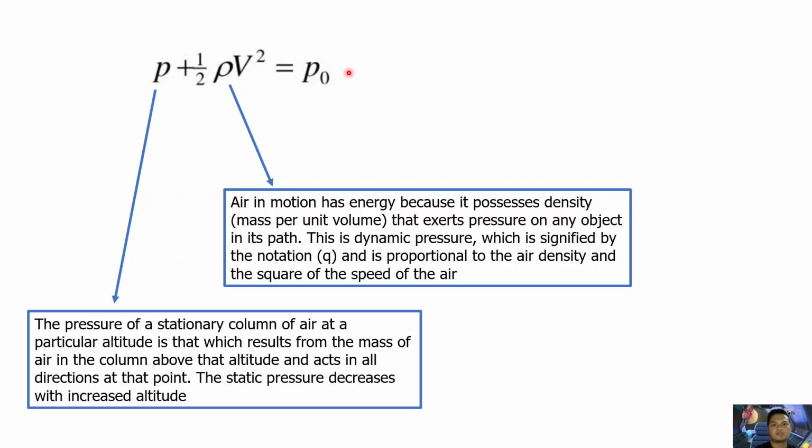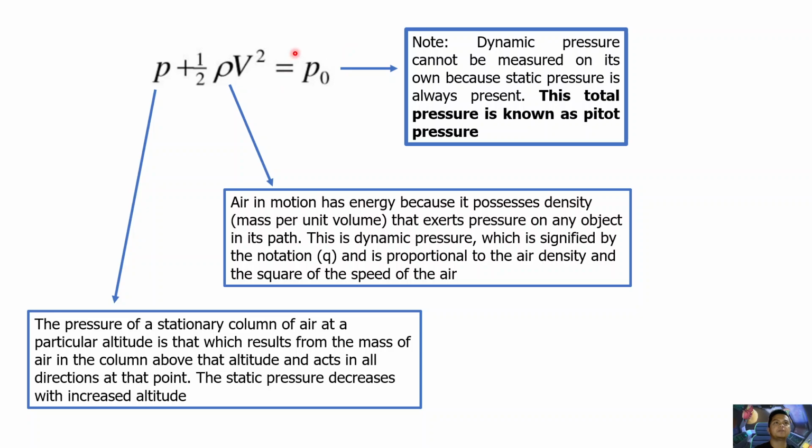So, as long as zero velocity or approximately zero, we can call this P sub O or P sub T, which means that is stagnant pressure or total pressure. So ano ibig sabihin yan? It is dynamic pressure plus the static pressure. No? So combination of static and dynamic is equal to Pitot pressure.